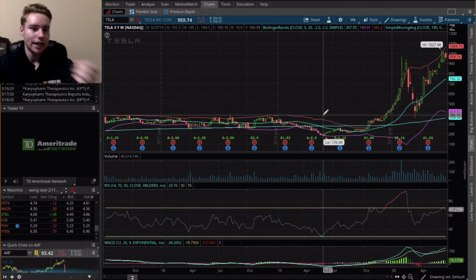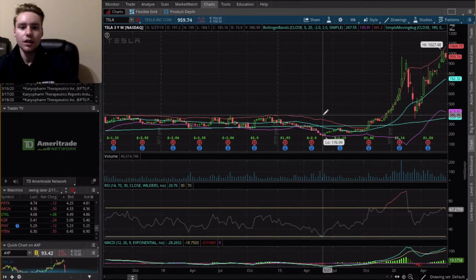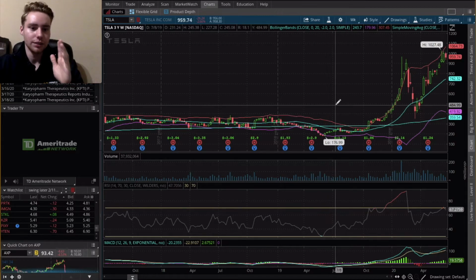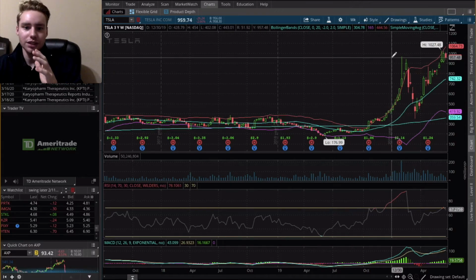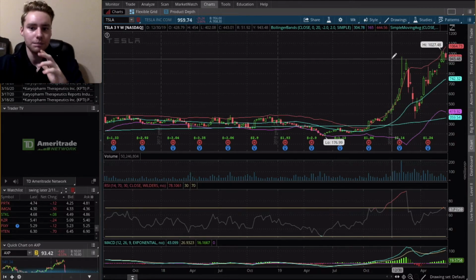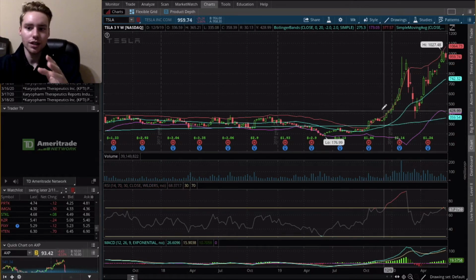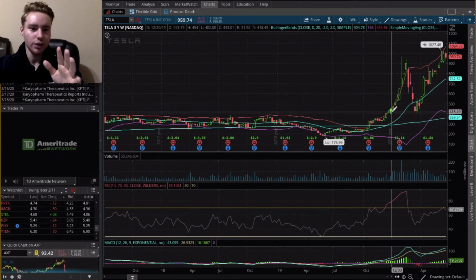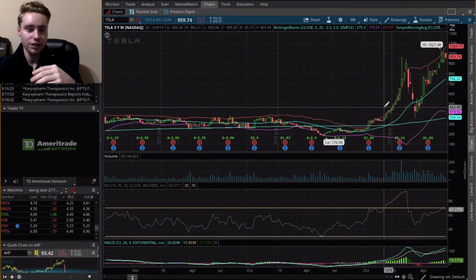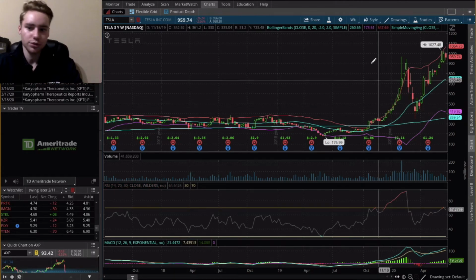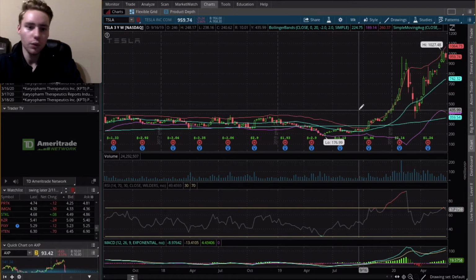So something like Tesla was a great example of the short squeeze. So we can see earlier here in basically January of 2020, December of 2019, that there was a massive short squeeze that happened. So what went down?